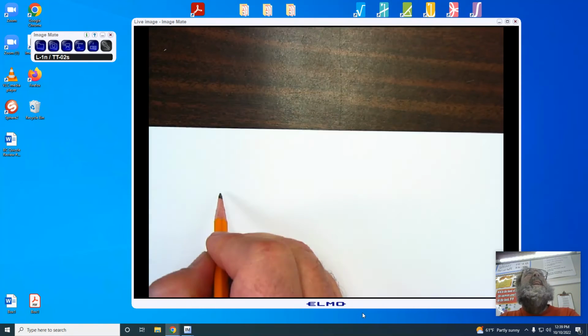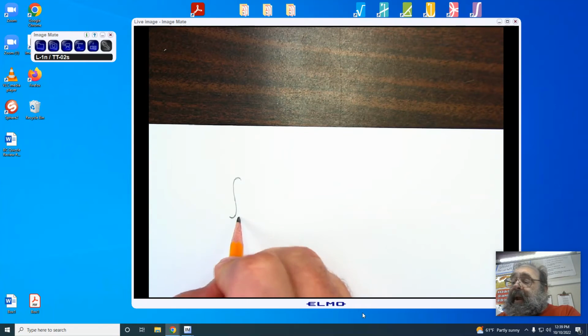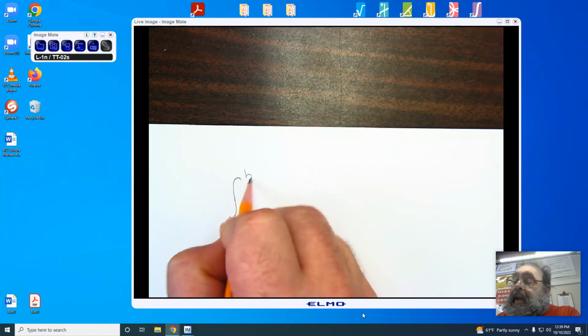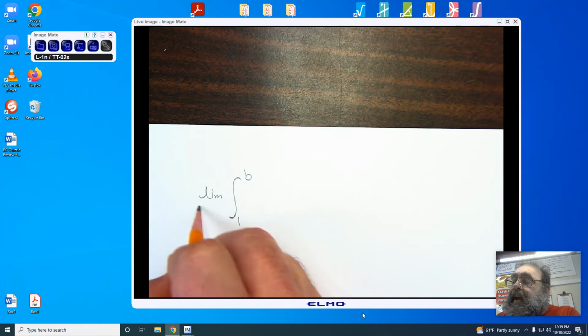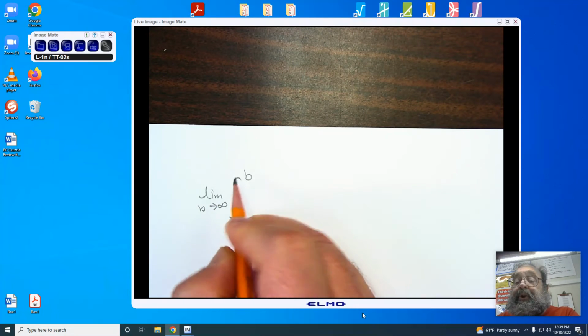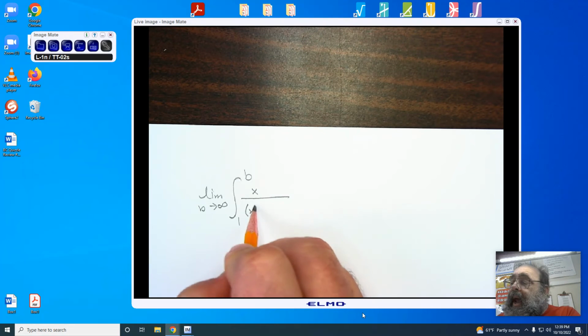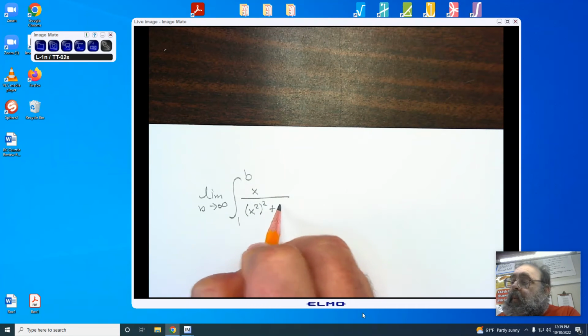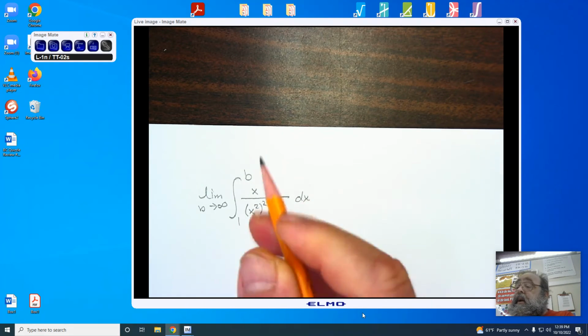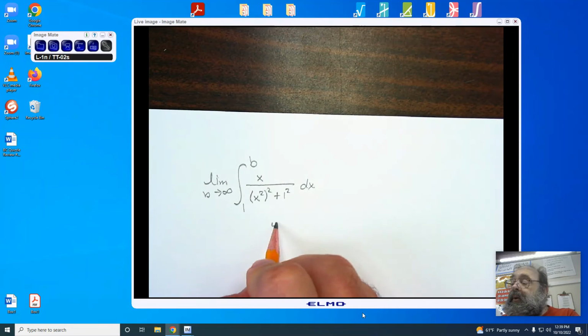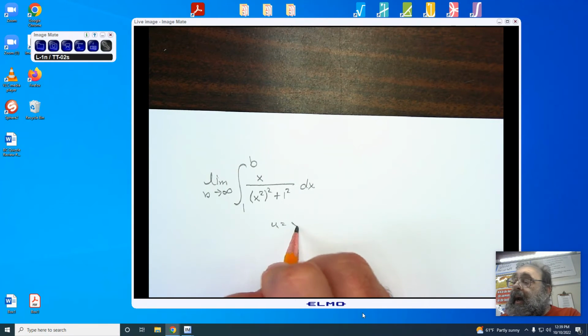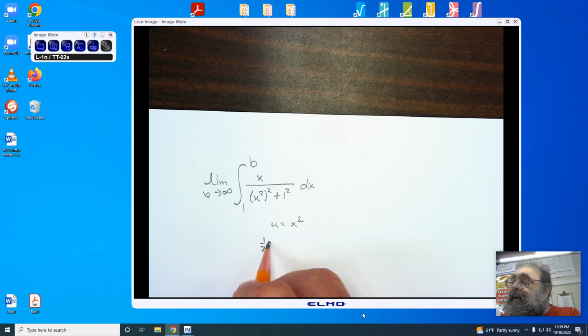So I am looking at the limit as b approaches infinity of the integral from 1 to b of x over x squared squared plus 1 dx. Notice I can now use the u sub, u equaling x squared. 1/2 du has to equal the x dx.